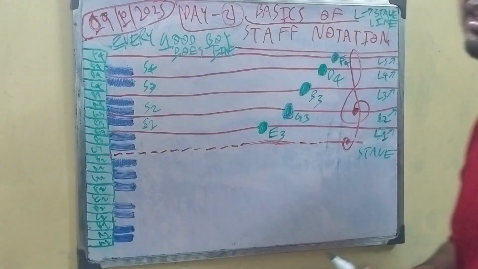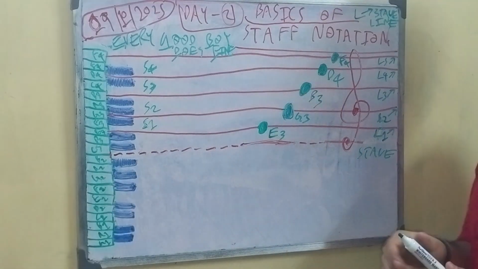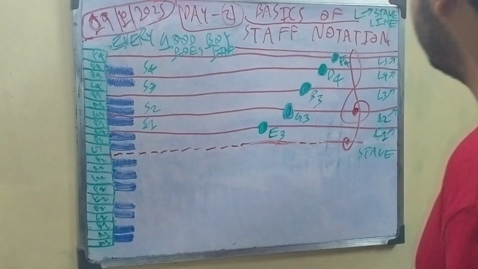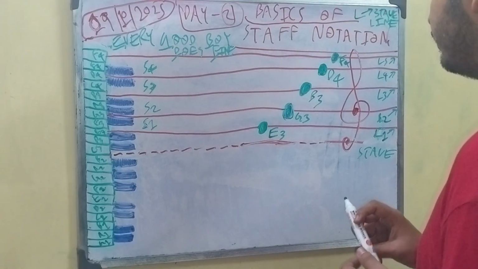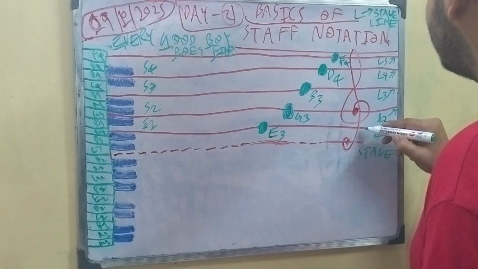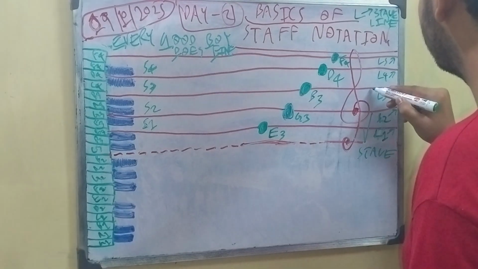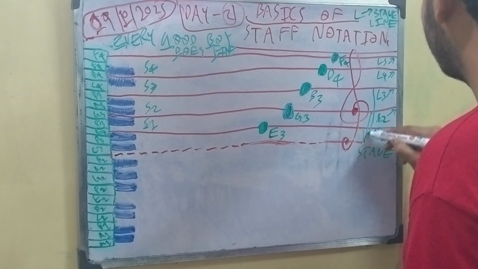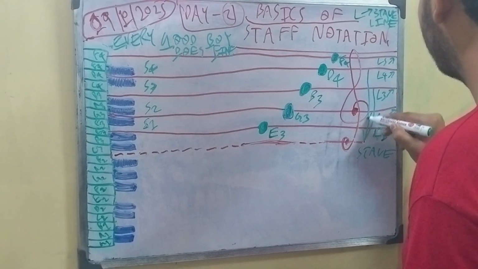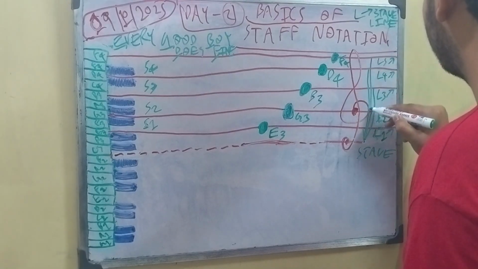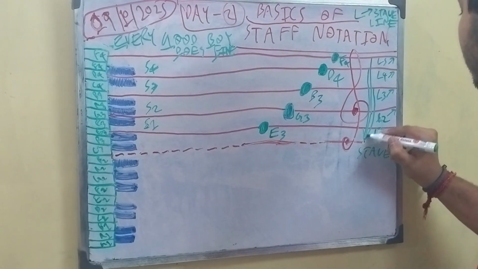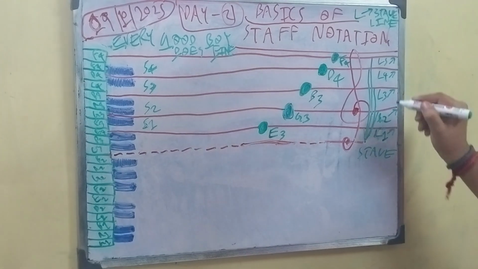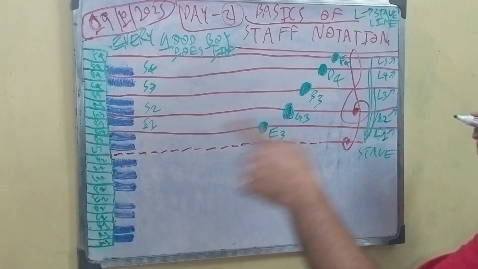The fundamental lattice work of sheet notation is called the stave. There are 5 lines in both the treble as well as the bass clef.